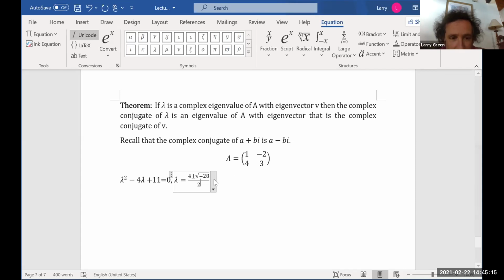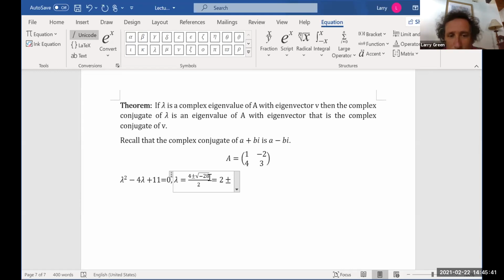Any questions so far? Which is equal to, so I could do 4 over 2 is 2. And then we're going to have plus or minus the square root of negative 28. Well, the square root of negative 28 is the square root of negative 7 times 4.